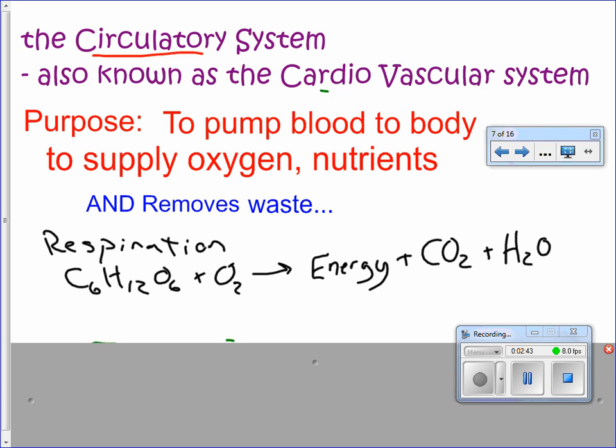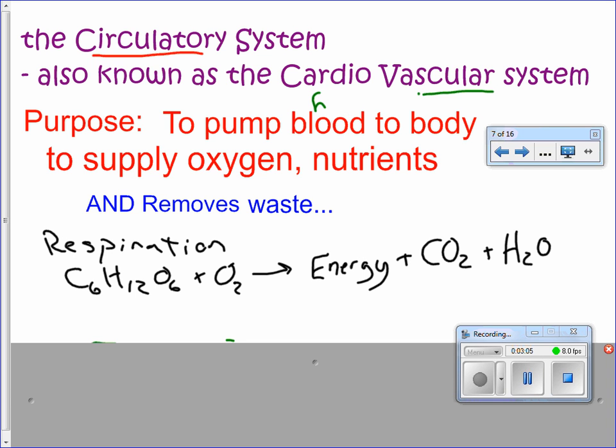So it's also known as the cardiovascular system. We talked about this yesterday. The cardiovascular system is made up of what organs? What organs make it up? The heart. Cardio means heart. And the veins and arteries, which are the vascular tissue.